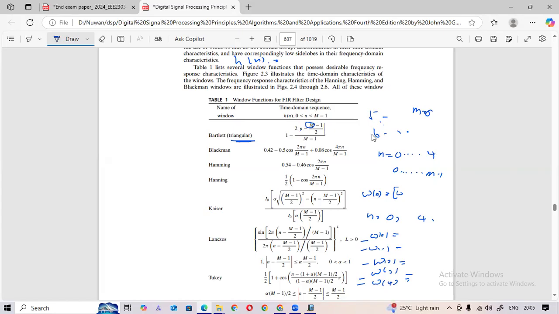So 1 minus 1 will be 0. So w(0) will be 0. In the same manner, you can calculate w(1), where n is 1 and M is 5. Then w(2), where n is 2, so here you can apply 2.